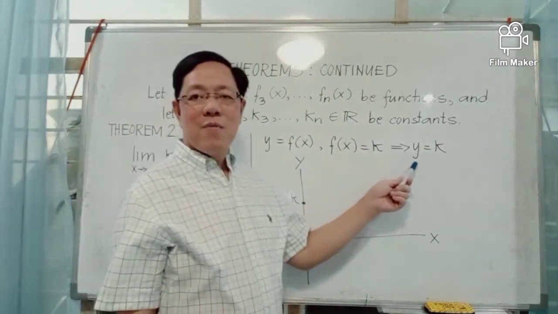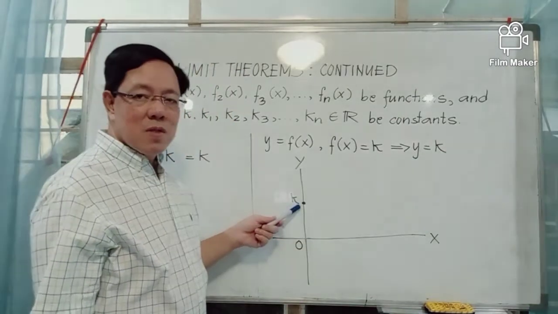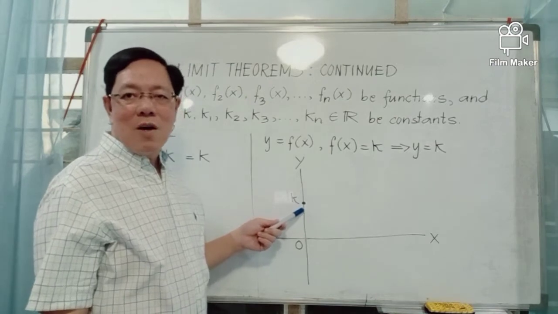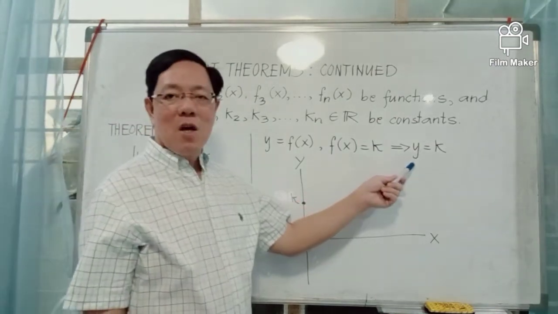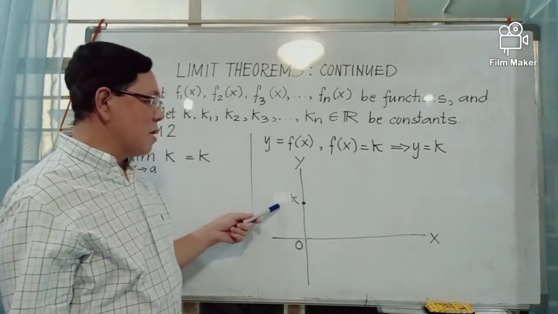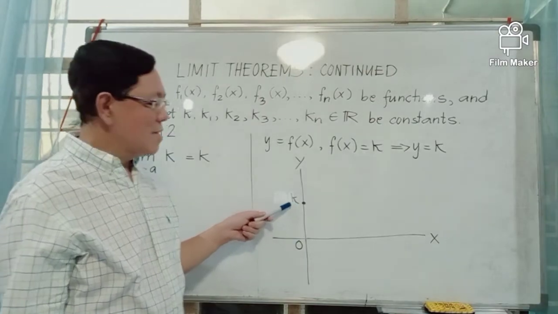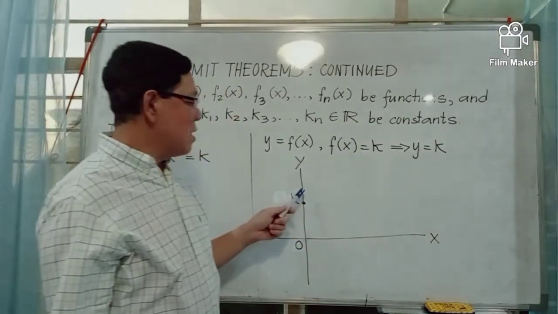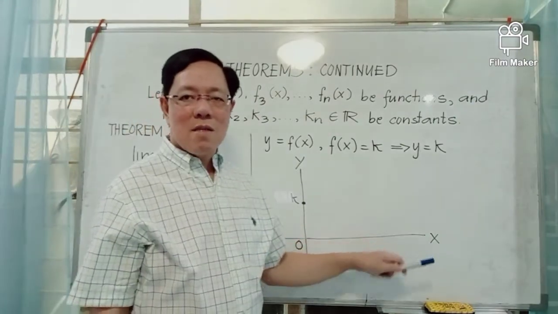Again, the graph of a constant function y equals k, and supposing this is the constant k on the y-axis or vertical axis, the graph of a constant function is a horizontal line that will pass through this point on the y-axis and is perpendicular to the y-axis and parallel with the x-axis.